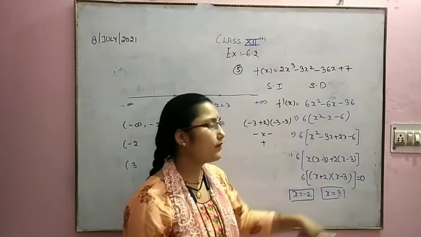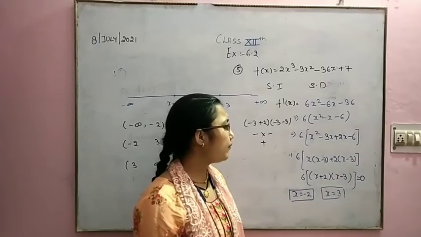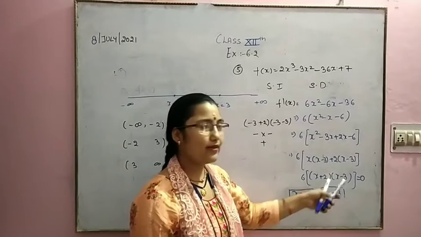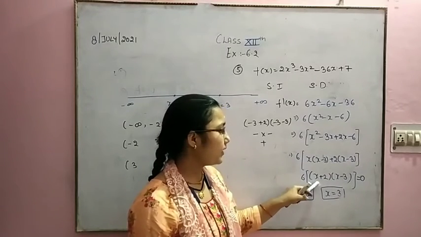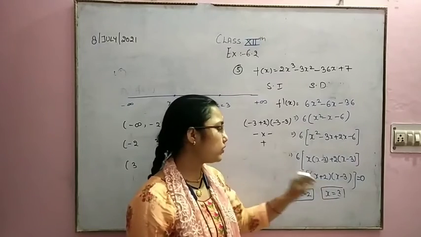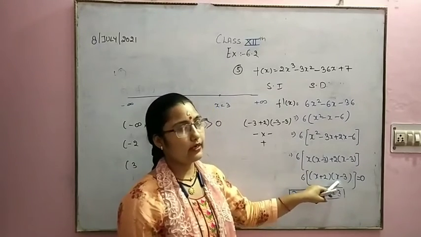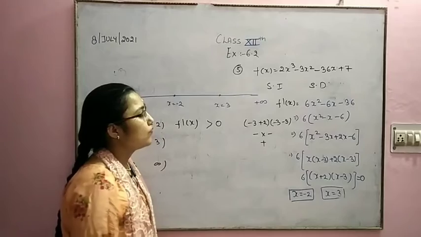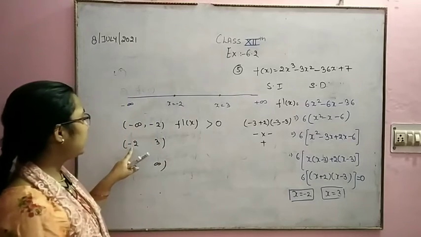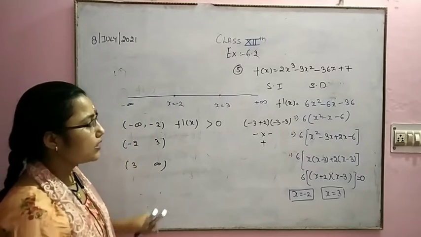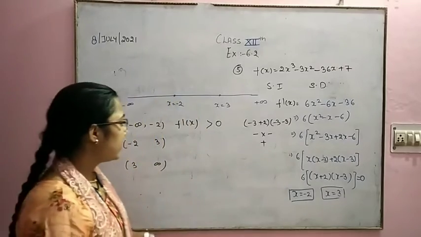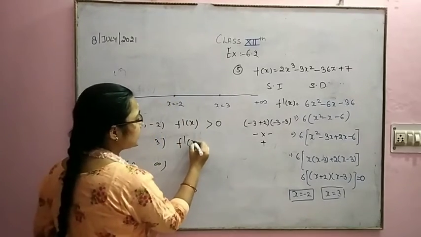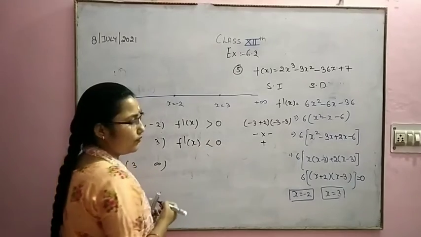So positive times negative, we get negative. If I put 0 here, again 0 minus 3 gives a negative value. If I put 1 here, again we get a negative. If I put 2 here, again we get a negative. Correct? So whatever value we put between minus 2 and 3, we get positive into negative, negative. That means f dash x is less than 0.